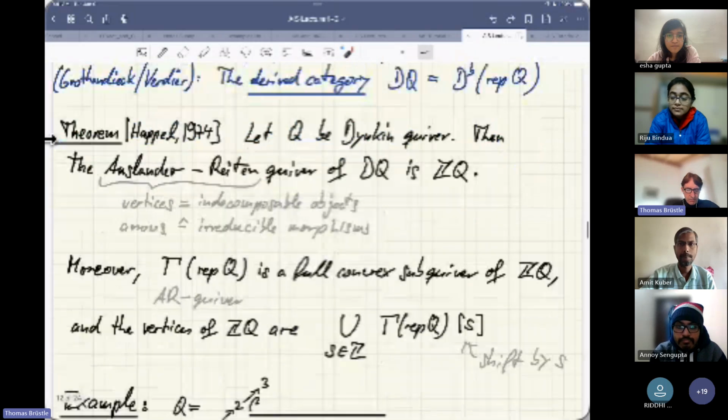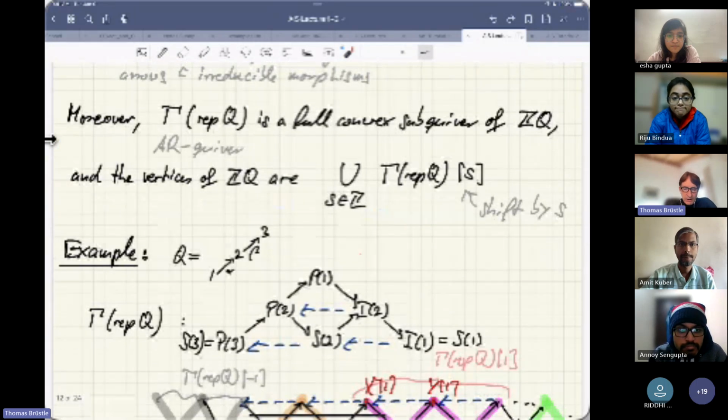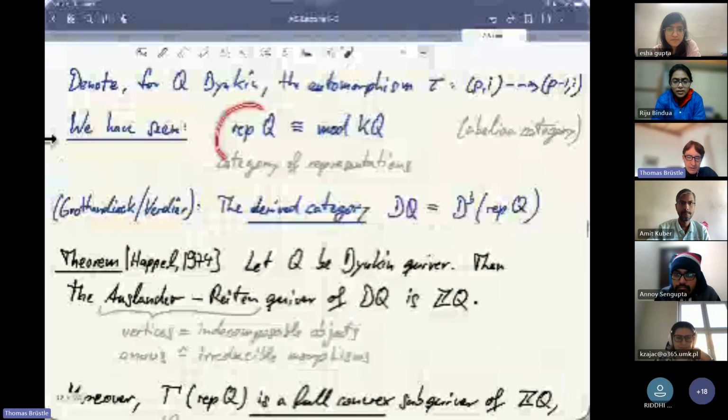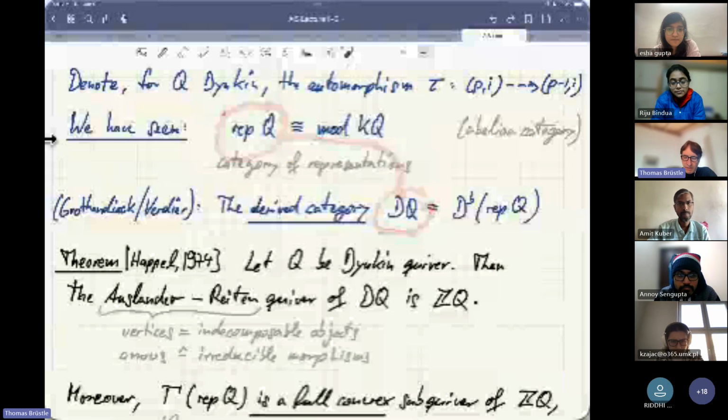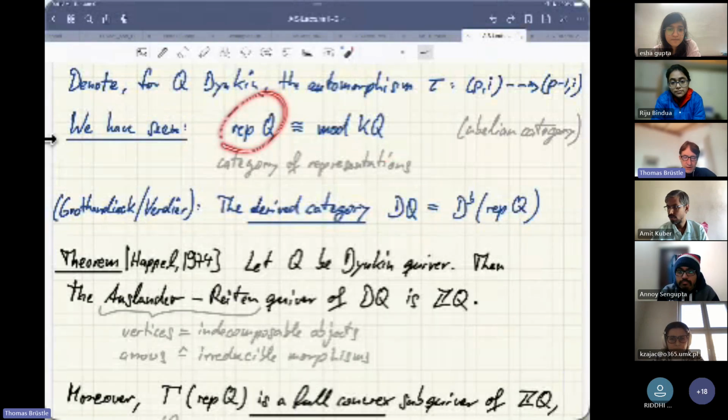And there's one more thing to observe: generally the category of representations is contained in the derived category. So this is a full convex subquiver, the Auslander-Reiten quiver of the representations.